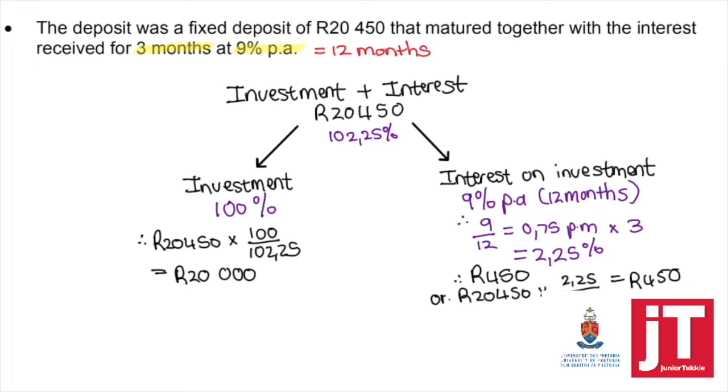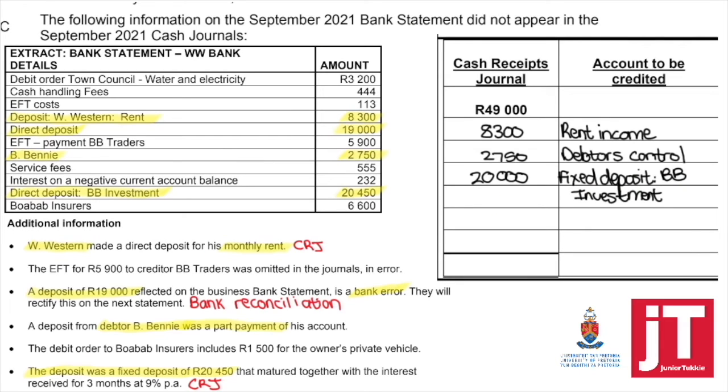Again, why? Because this is after the interest has been added. So in my cash receipts journal, 450 interest on fixed deposit and 20,000 fixed deposit, and always remember to write the name of the bank, BB Investments.